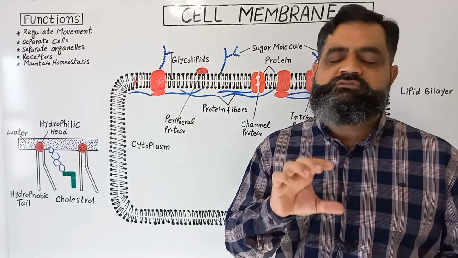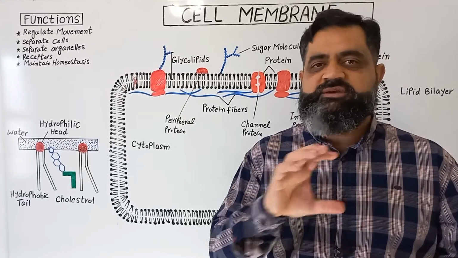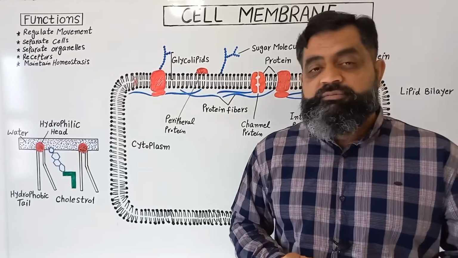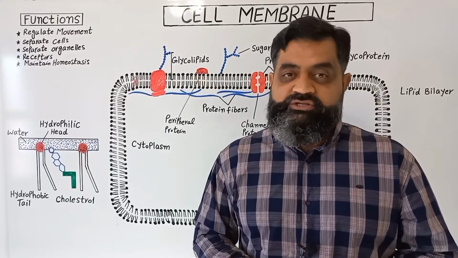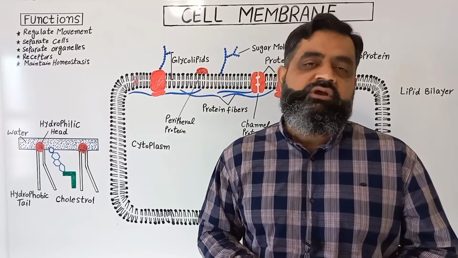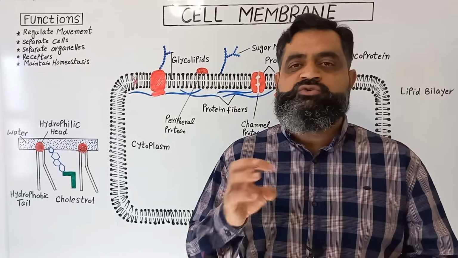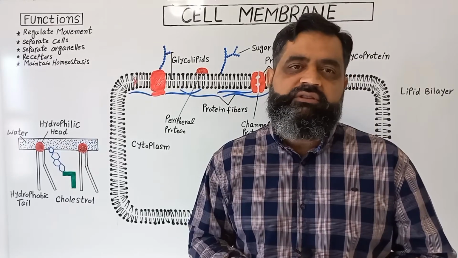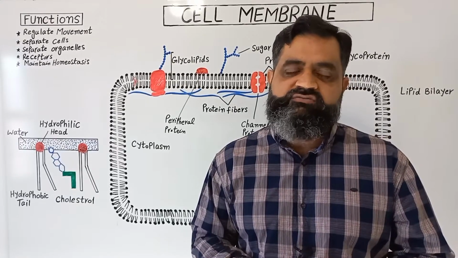So the surface of the cell membrane also provides a receptor site for all these different types of molecules. The cell membrane also helps maintain homeostasis by regulating pH, by regulating temperature, by allowing some molecules to move in and some to move out of the cell, and helping in the maintenance of the homeostatic function of the body.